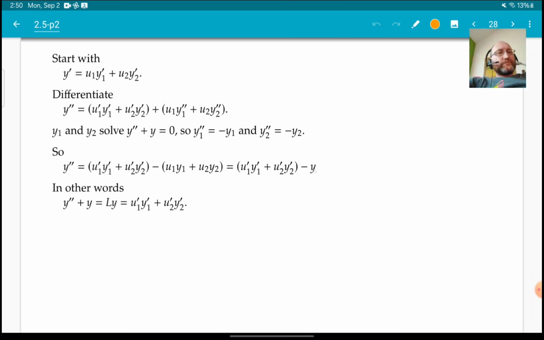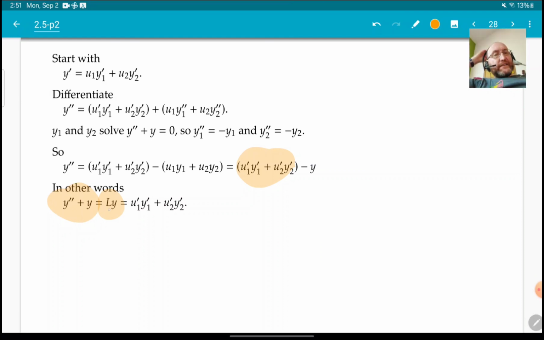Okay, so way over there, on the left-hand side, we have the L, the linear operator. And on the right-hand side, what we have left is this guy over here. Well, we want y to be a solution.